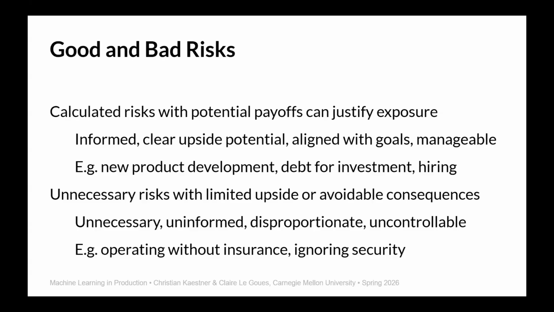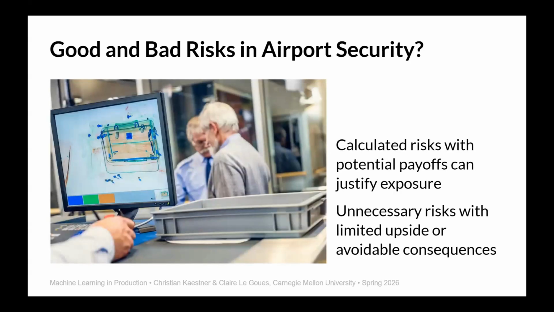Ignoring security entirely in your software product. Doing some security audits is probably not that expensive, and the consequences might be really high. Right? So again, different people have different risk tolerances and different priorities. But in general, I think we can collectively agree there are certain risks that are worth it and certain risks that probably are a bad idea to most of us.